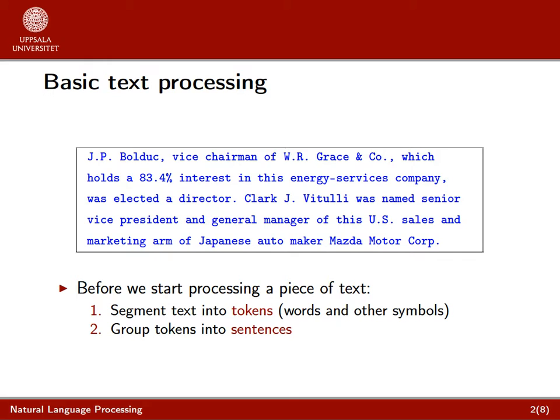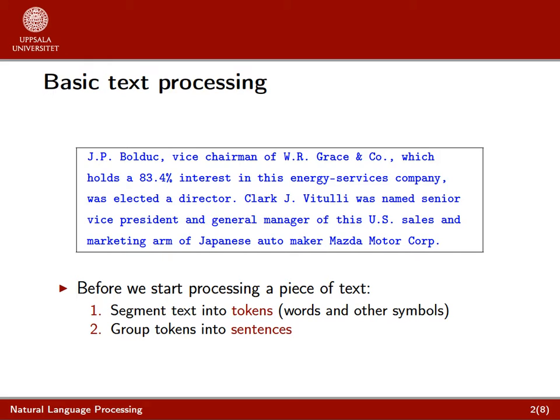Now, to a human reading this text, it's kind of obvious what the words are and where the sentences start and end. But to the computer, a text is just a sequence of characters. Some characters are letters, others are spaces or punctuation marks. And so before we start processing a piece of text with our NLP tools, we normally have to, first of all, break up the text into its tokens.